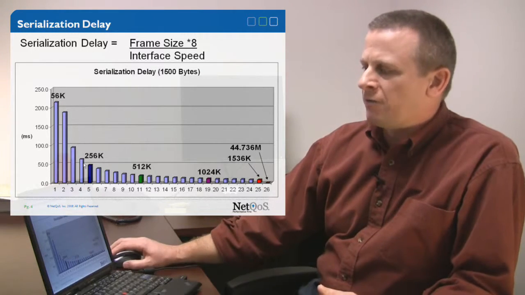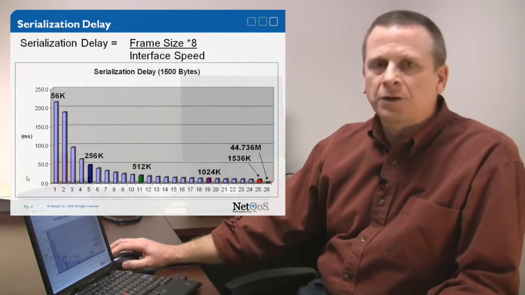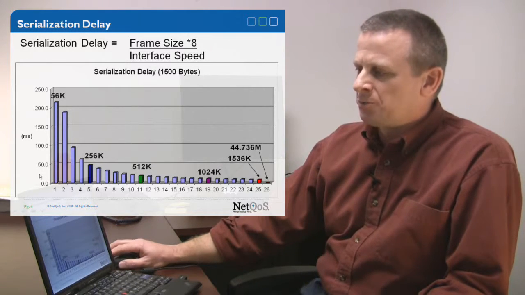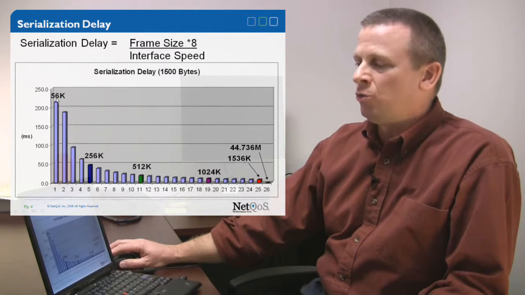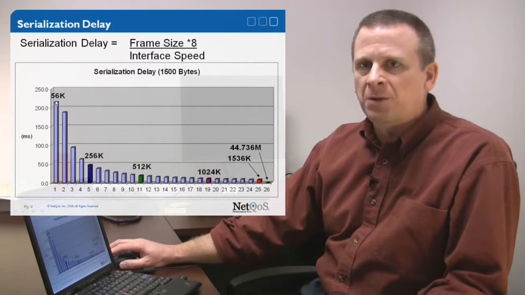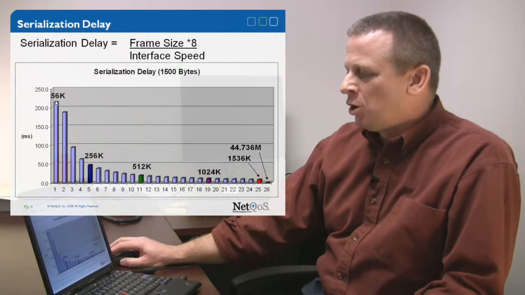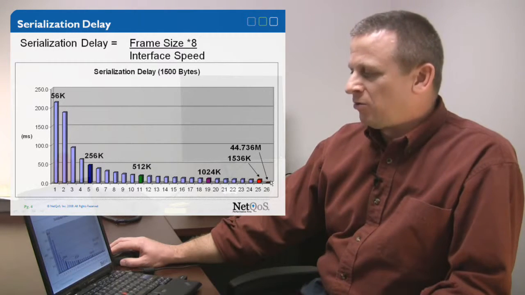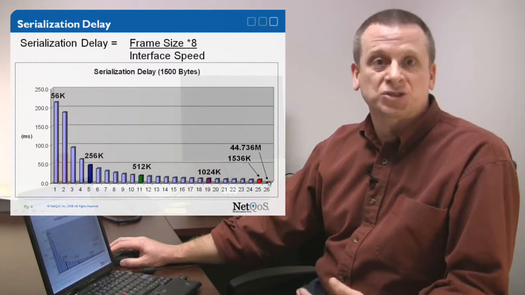Here we show a graph of what happens with a 1500 byte packet as it gets serialized at different speeds. At the slower speeds, over here on the far left, we show a 56K circuit that'll take over 200 milliseconds to serialize a single 1500 byte packet. Whereas on the far right, we're talking more of the T3 speeds, where it takes less than a millisecond to serialize the same packet.